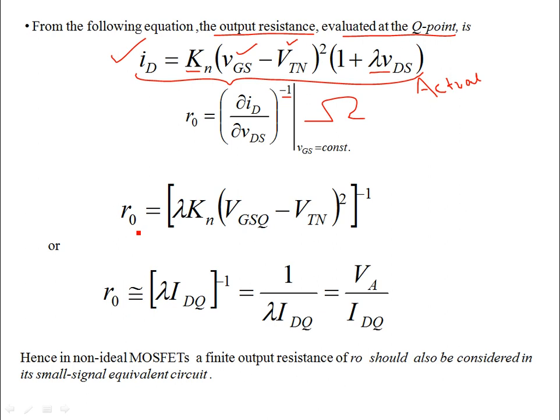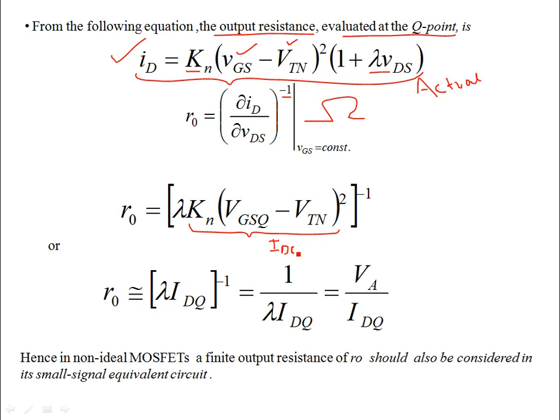So you take the derivative with respect to VDS. This becomes lambda Kn (VGS minus VTN) squared, and this is the quadratic nature of the current, which we had in the ideal case as well.